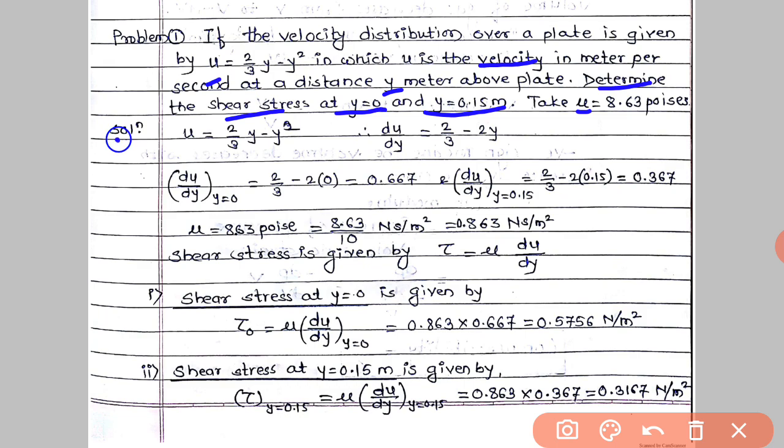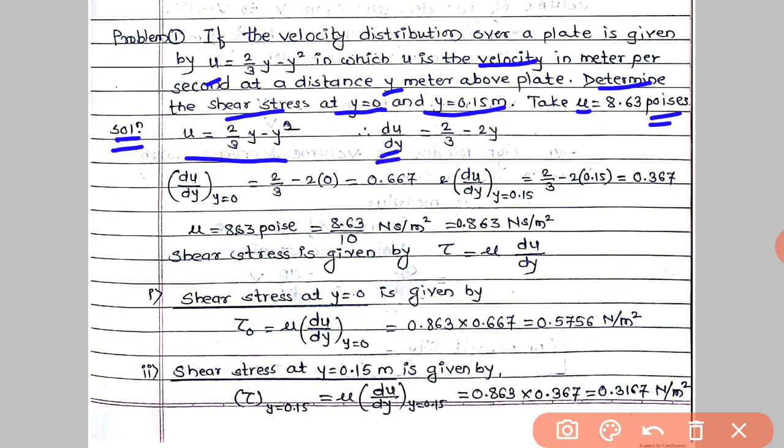So write down the given values. Here mu is given in poise, so we have to convert it to our SI unit. The given velocity profile is u is equal to 2 by 3 y minus y square. So for du by dy, we simply take the derivative with respect to y.